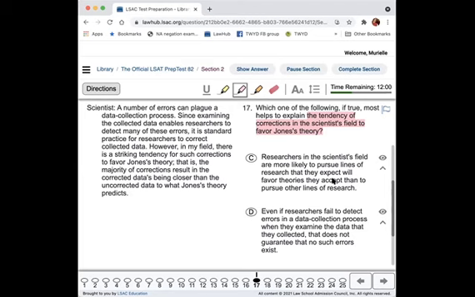That's never mentioned. The corrections just tend to favor Jones's theory. We don't know if these researchers accept it. So this isn't really going to help us.